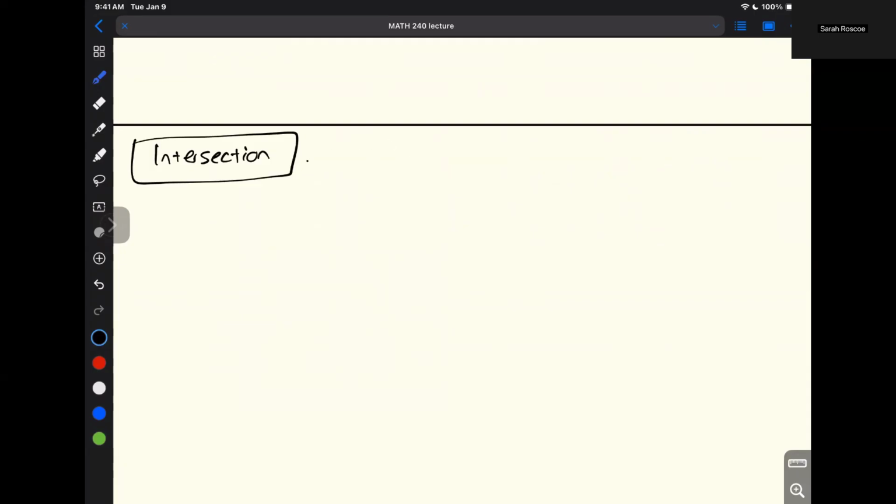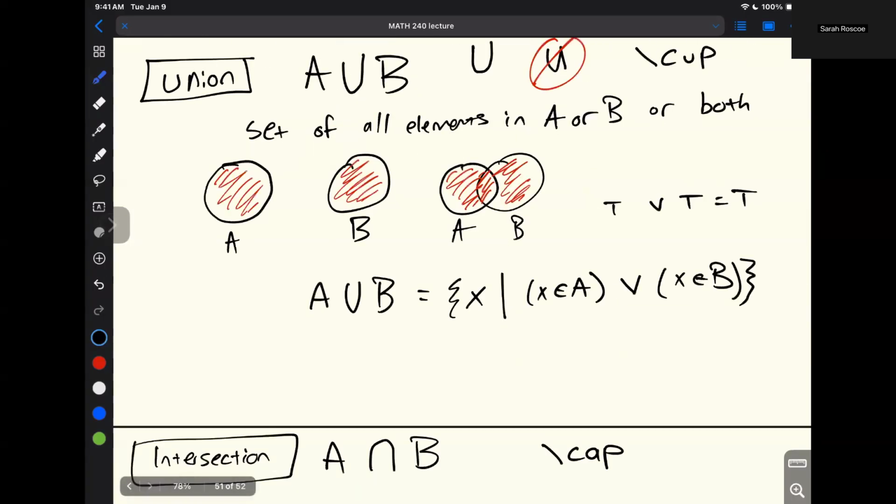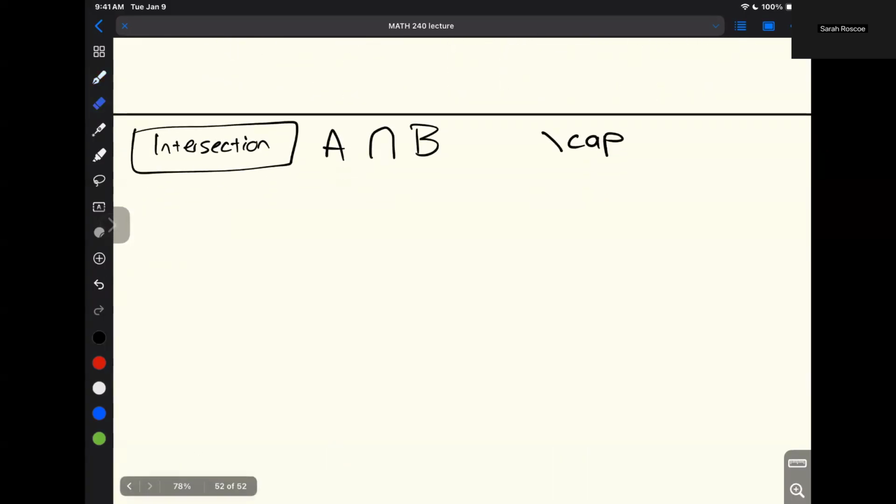Intersection, again, is a binary operation. We write this with a symbol like the union symbol, but flipped upside down. This is cap. Did I say that was cup? Yes, I did. So we have cup, like the thing that holds water, and cap, like the thing you put on your water bottle.